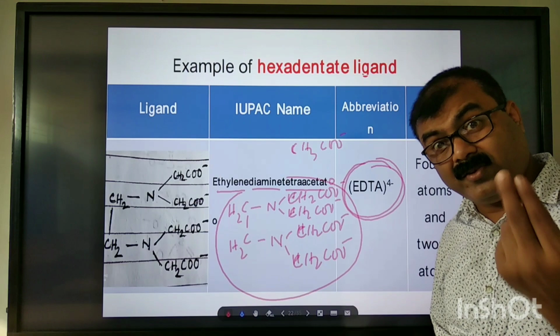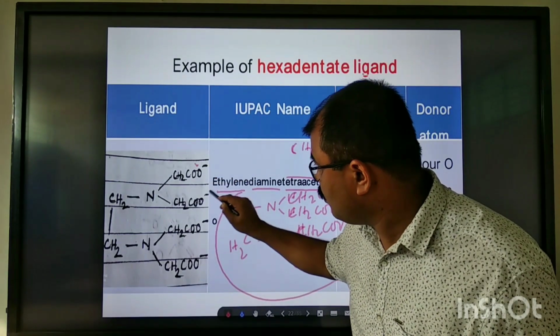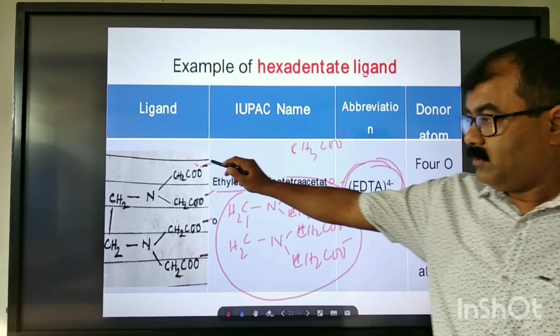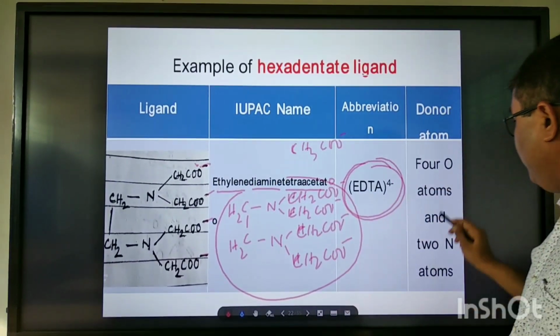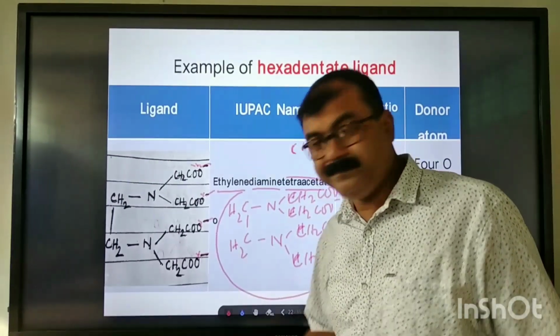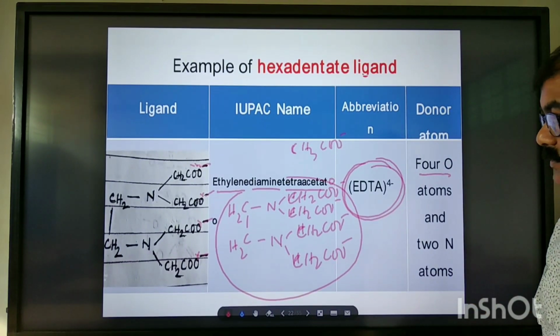Previous one was EDTA 3 minus. This is 4 minus. Why 4 minus? Because 1, 2, 3, 4 are there. There are 4 negative charges and there are 4 oxygen atoms, 1, 2, 3, 4. 4 oxygen atoms are donor atoms.